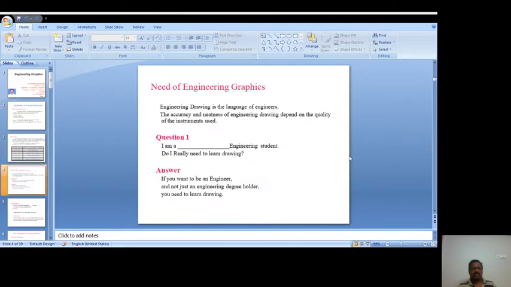So, the need of engineering graphics. Why do we need engineering graphics? It has accuracy and neatness, and it is based on the quality of the instrument used. I am a mechanical engineer or electrical engineer; do I need to learn drawing? Yes, you have to learn drawing. How do you understand if any cut section or any drilling hole is there in the component?